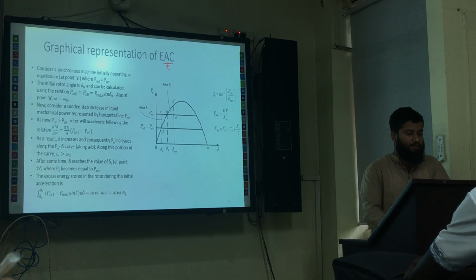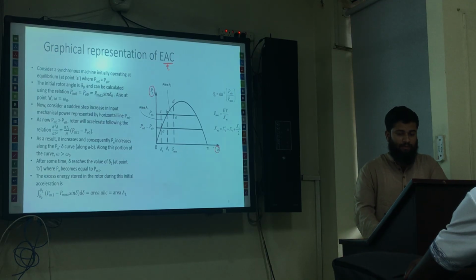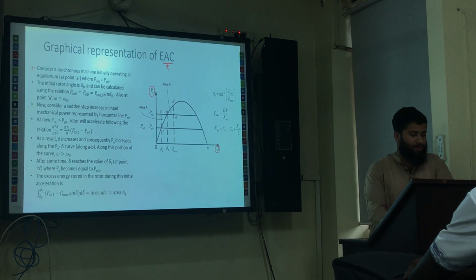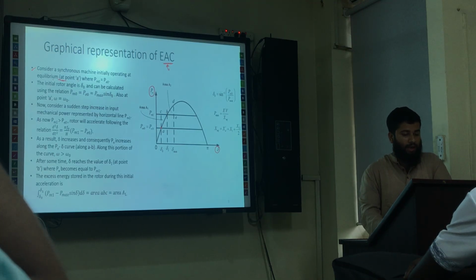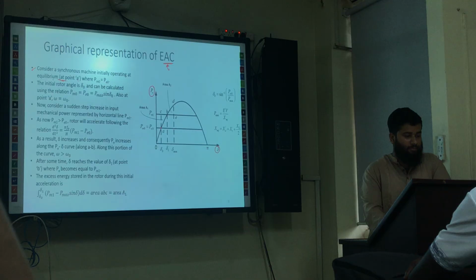So this is the P versus delta curve for any synchronous machine. Consider a synchronous machine initially operating at equilibrium, and that point is A. So this is our equilibrium point at the initial stage. And at this point, our Pm is equal to Pe. This is the initial value, that's why it is written as Pm0 and Pe0.